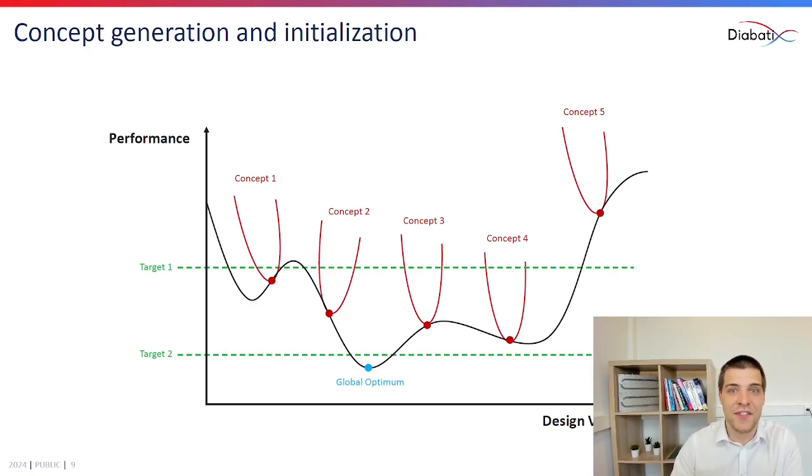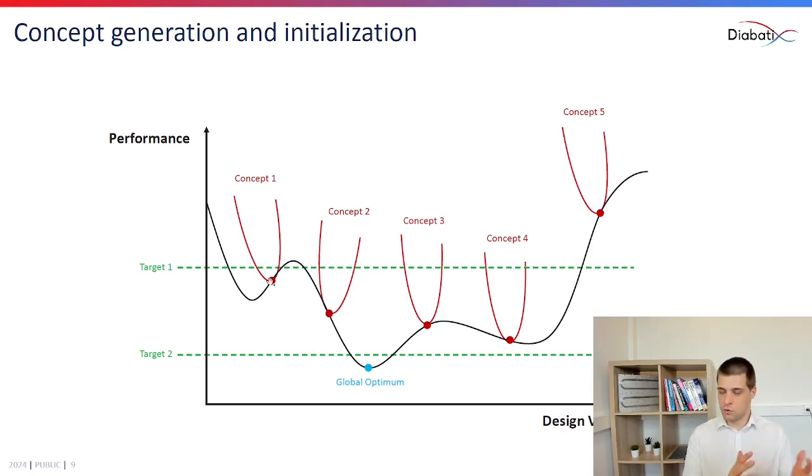But luckily, I don't have to start from scratch. I can use initialization, basically giving an initial jumping point for the optimizer to start from, to then get to a design that meets my target. If I start from concept 1, as you can see, it has to overcome this hurdle to then get to the global optimum.